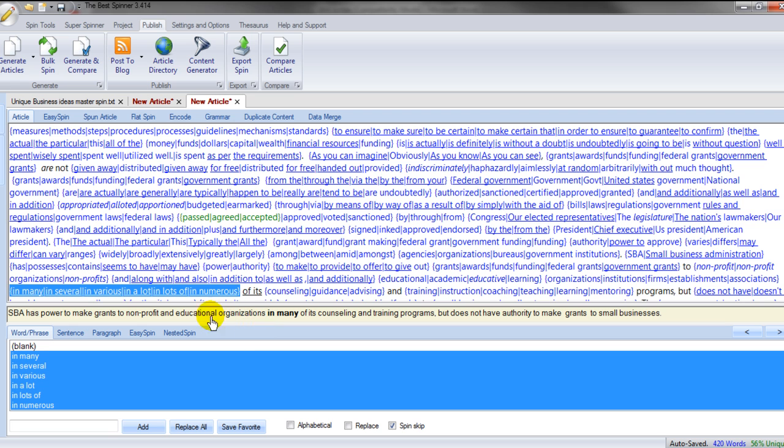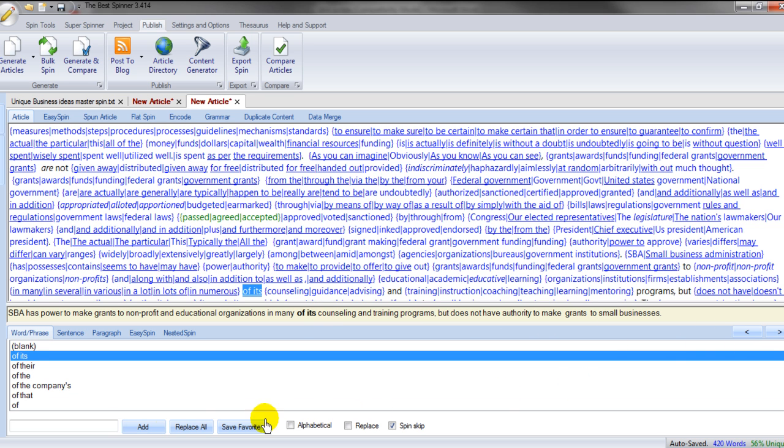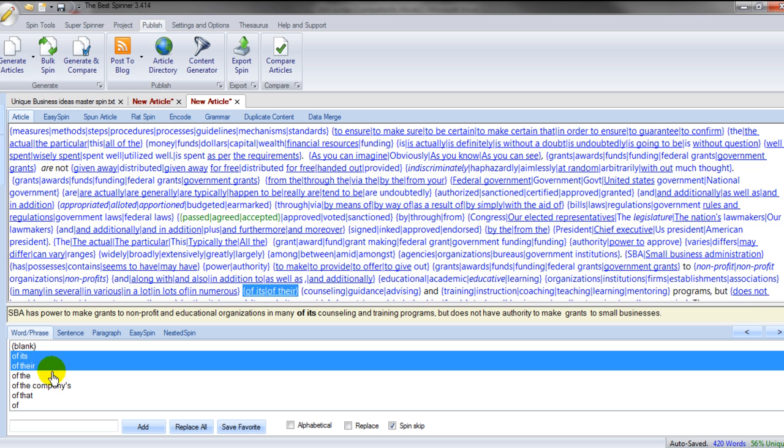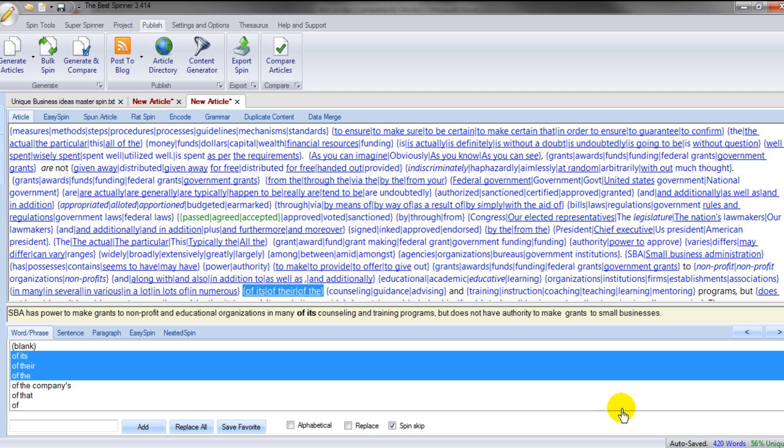So I'm still looking at this sentence. Educational organizations in many of its counseling, of its, of their, of the, could work.